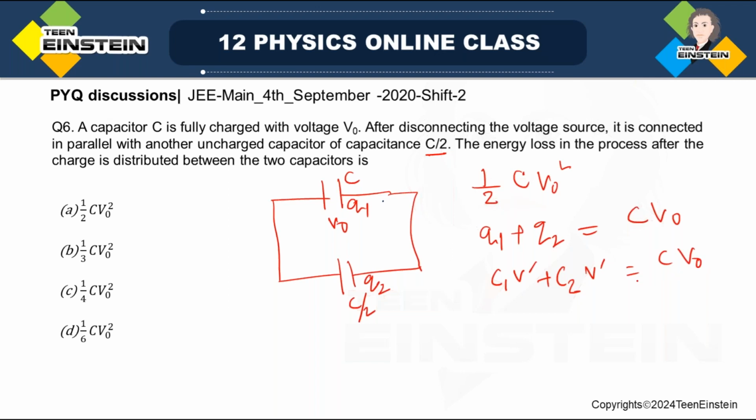So from here we have to find out the common potential V prime. V prime is found to be CV0 by C1 plus C2.